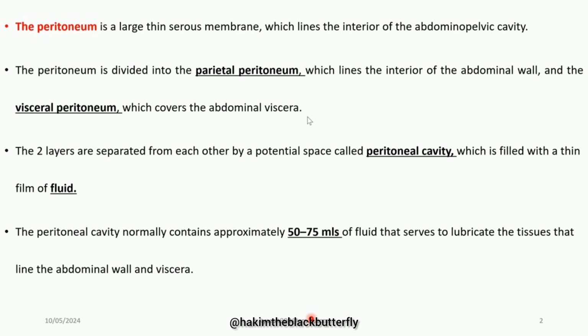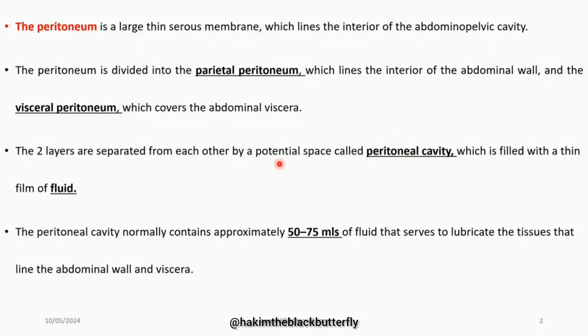Okay. A potential space means that it is a space between two adjacent structures that are normally placed together. Remember our pericardial cavity, our pleural cavity, and this one also.